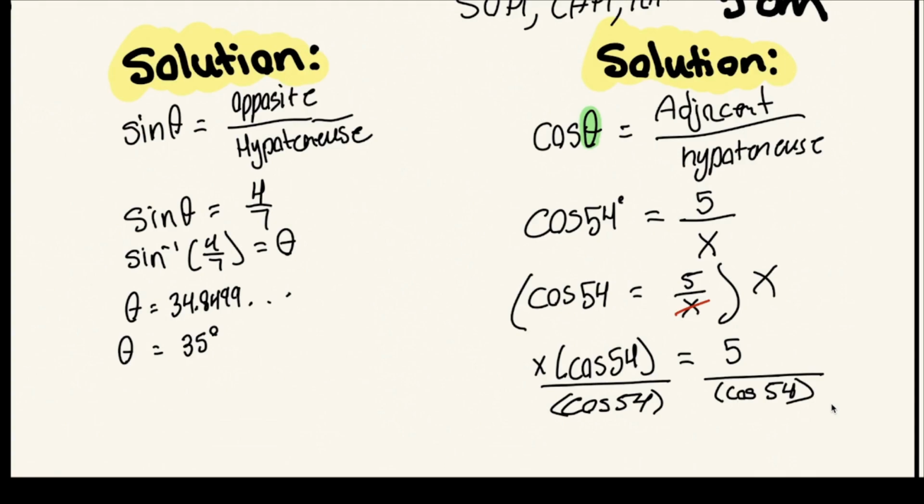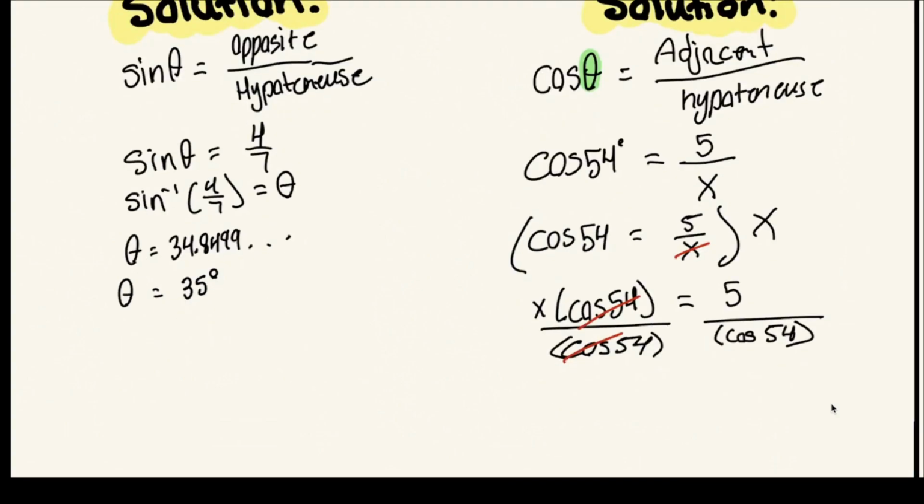And now, since these two will cancel out, x will equal, and now you just use your calculator again, and make sure you use brackets, because sometimes your calculator is not that smart. Okay, guys? It's going to be 5 divided by, and I would put brackets, cos 54, and close the brackets.